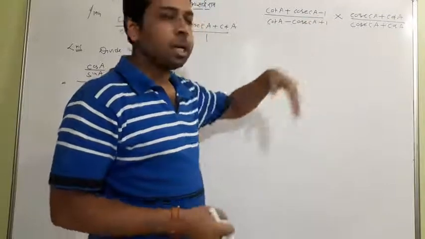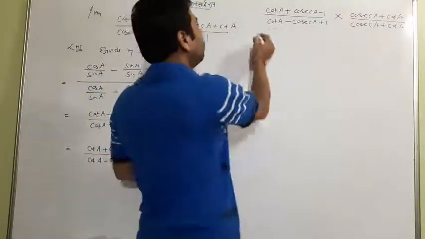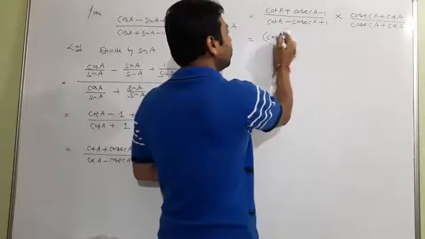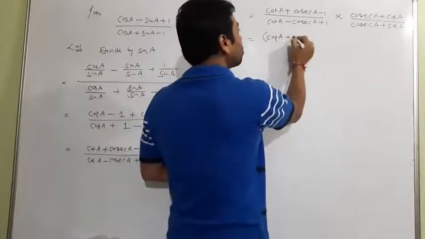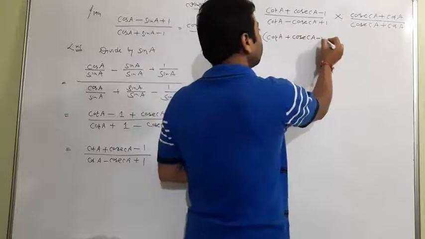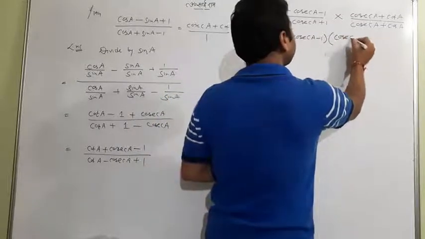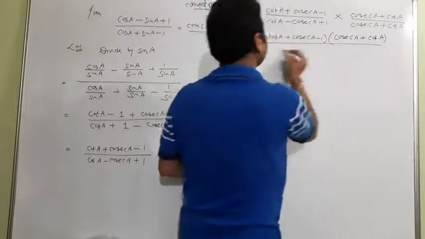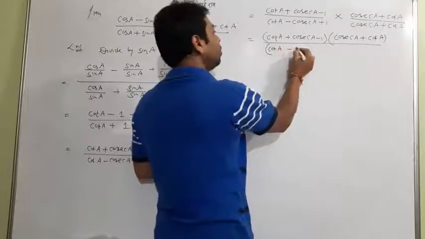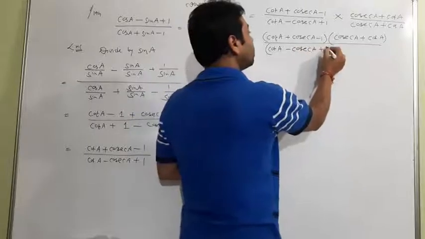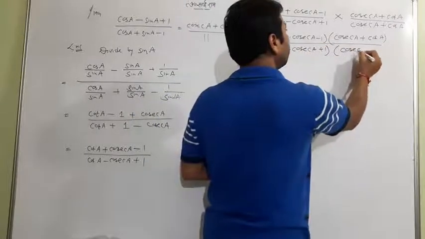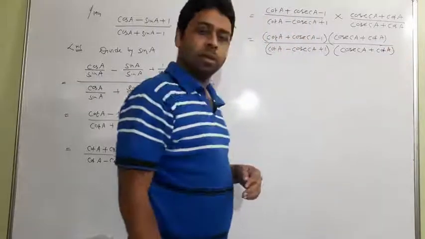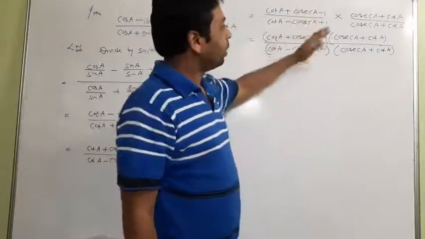So I simply multiply and divide by the same term, and then I just write them together: cot A plus cosec A minus 1 into cosec A plus cot A, over cot A minus cosec A plus 1 into cosec A plus cot A. So till here I have just written and arranged.